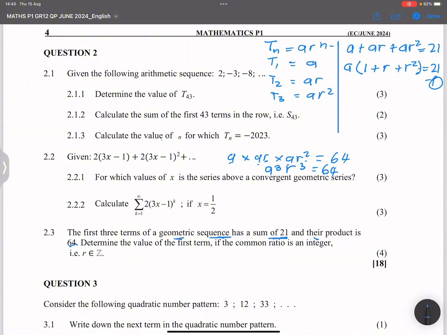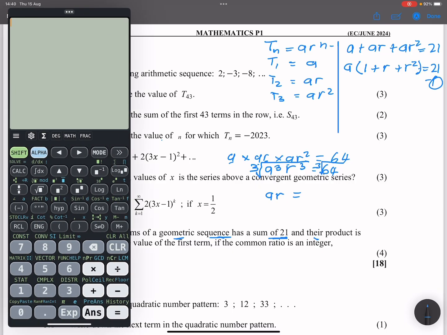To simplify, we can take the cube root on each side. So we get ar after taking the cube root of 64, that should give us 4. You can verify that. If we take the cube root of 64, that definitely gives us 4. So that tells us that ar is equal to 4.